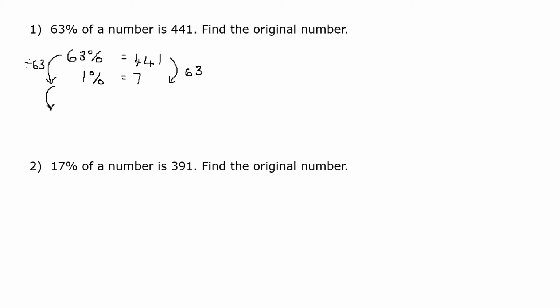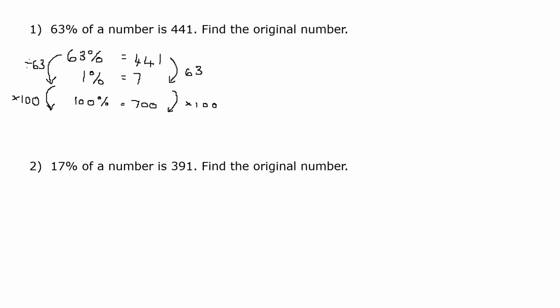Now I need to scale up to 100%. So I'm going to multiply by 100 on this side to give me 100%. And I'm also going to multiply by 100 on the right-hand side, and that will give me 700. So 100% is equal to 700. So our original number is 700.